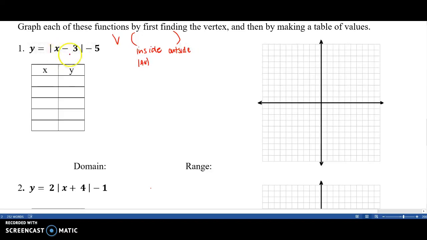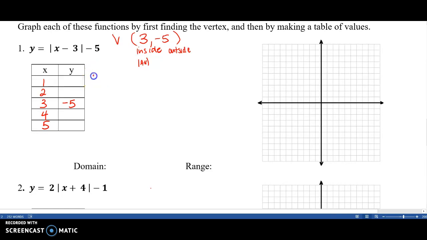So if we look inside here, if we were to solve for x, we would get a 3. And then our y value is just what we see out there, 5. So that's my vertex. And remember, we talked about putting it right in the middle of the table of values. So I'm going to choose values just above and just below. And those will be the values that I fill in to find my y values.